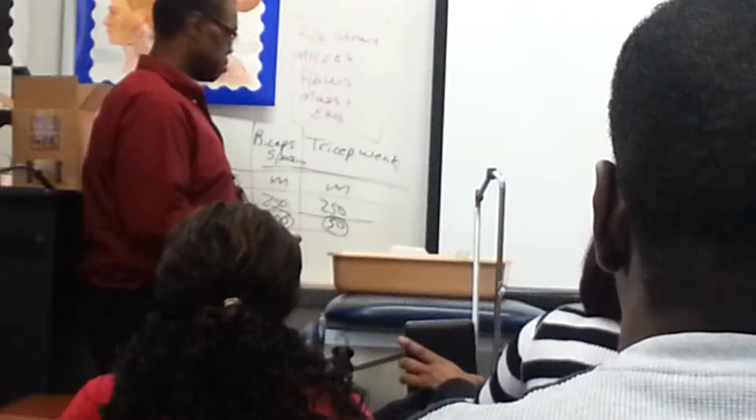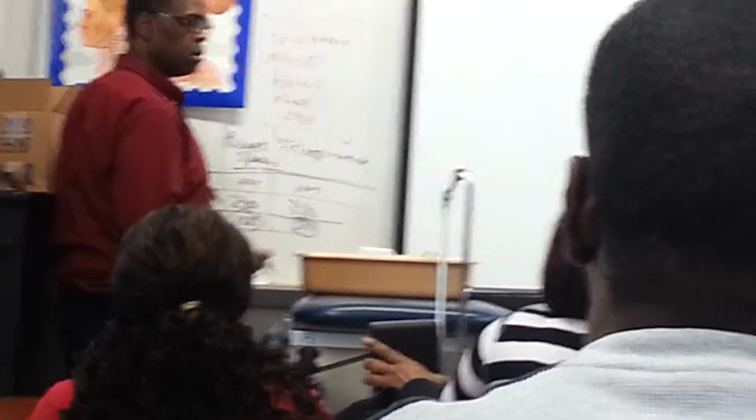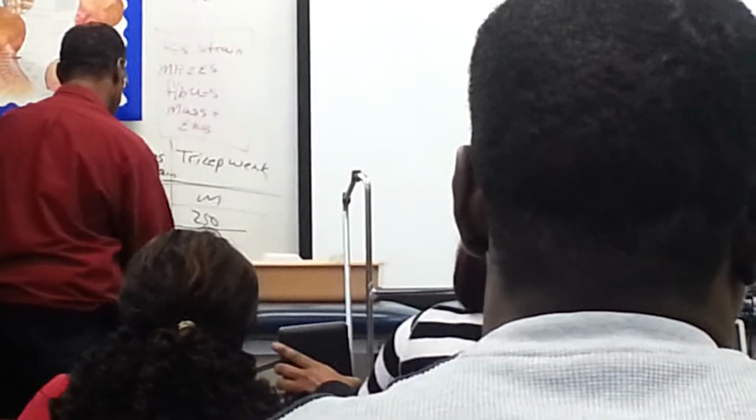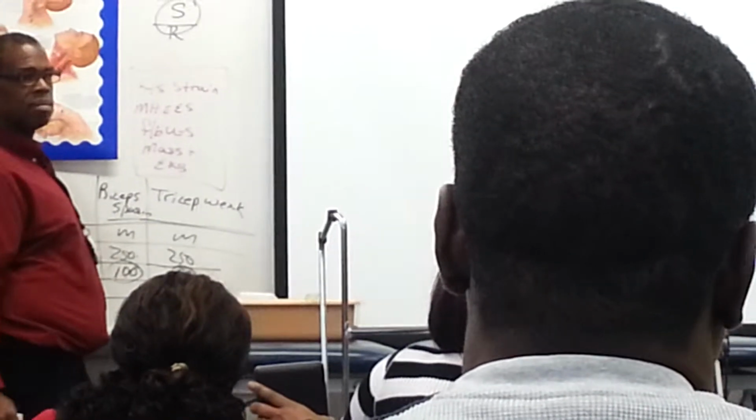Why is that happening? Okay, because we want 100 to fatigue the muscle. If we do a low pulse rate, we won't fatigue and make the muscle tired. Mode. Spasm, bicep.